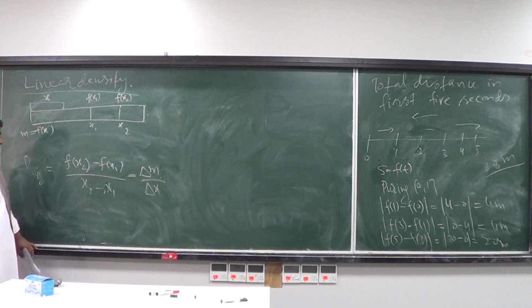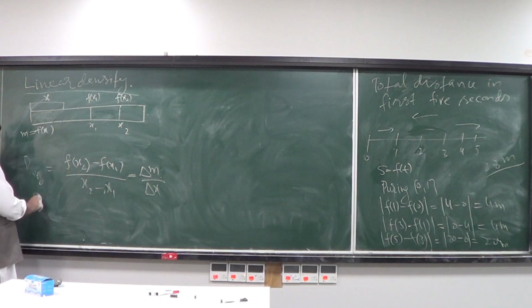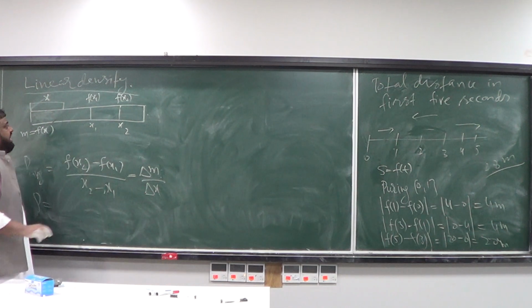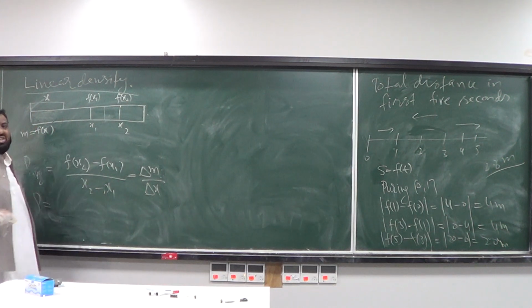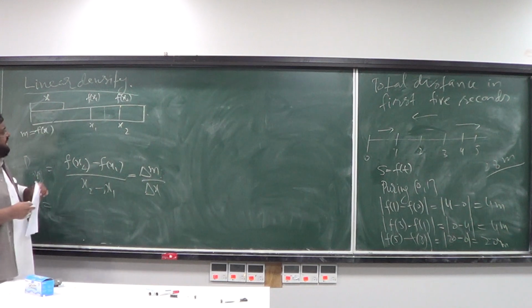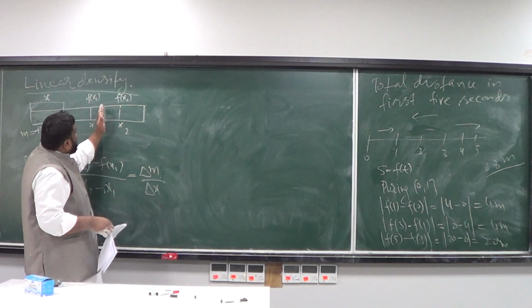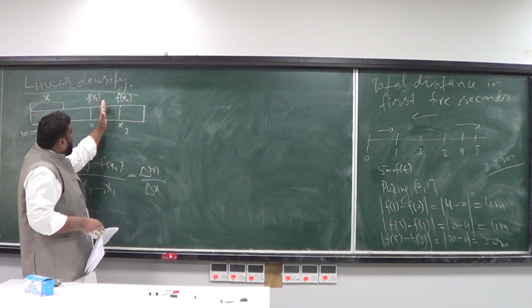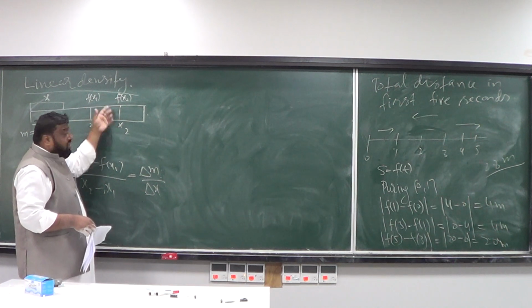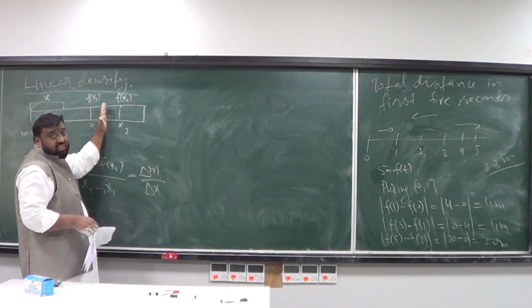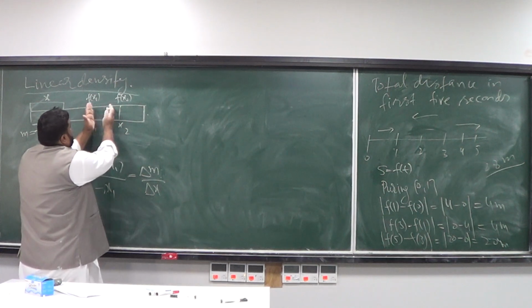Now if you want the instantaneous density, in other words, a particular position on the rod, what is really the density of the rod at this point? Not an interval, but at this point. So you need to bring these two closer.